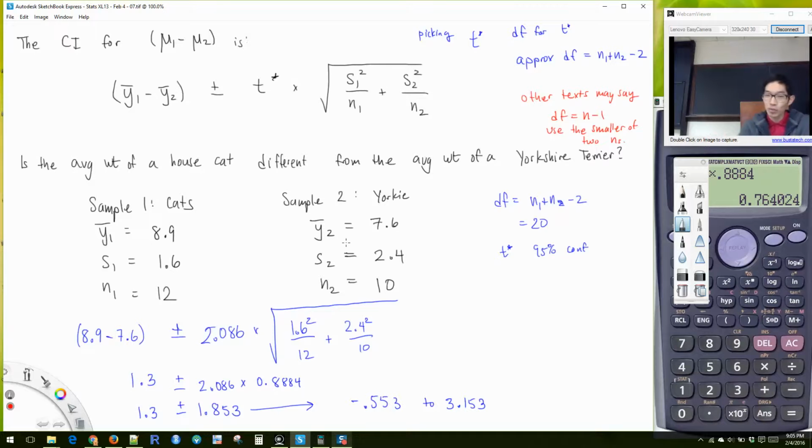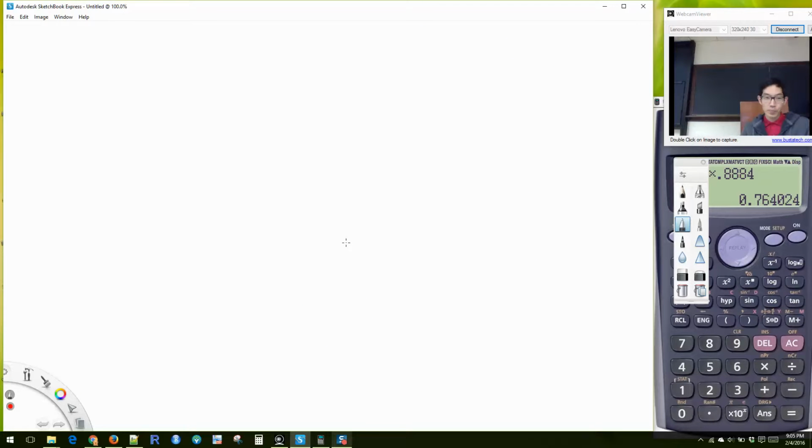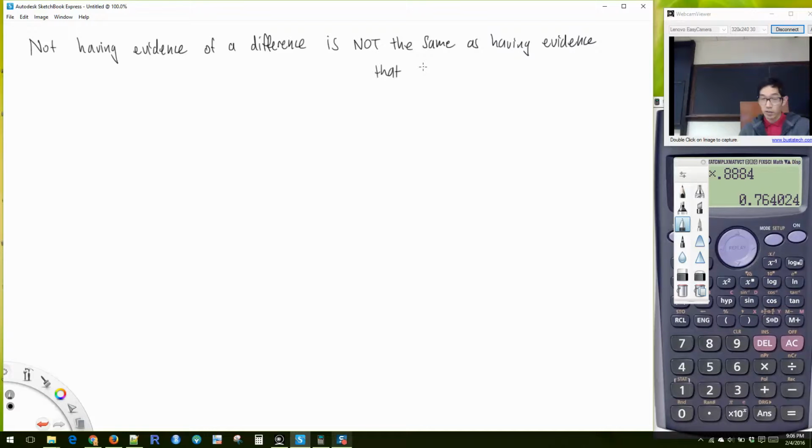Okay, so that's worth writing on another slide. Not having evidence of a difference is not the same as having evidence that the means are equal.